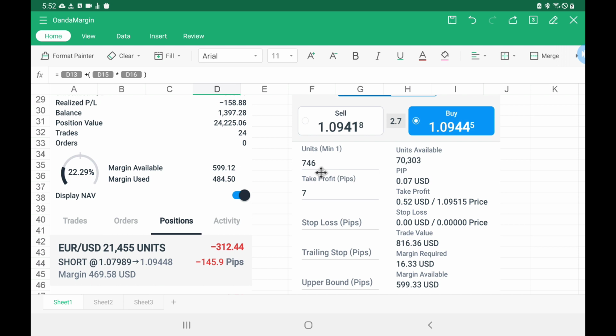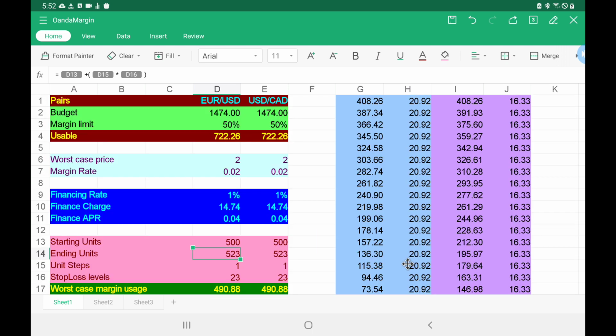So if I were to go back to Oanda and type in 400 units, it would give me about $8 per margin required. So you can really see just how critical these numbers are and why you should take your time to understand every single one of them.